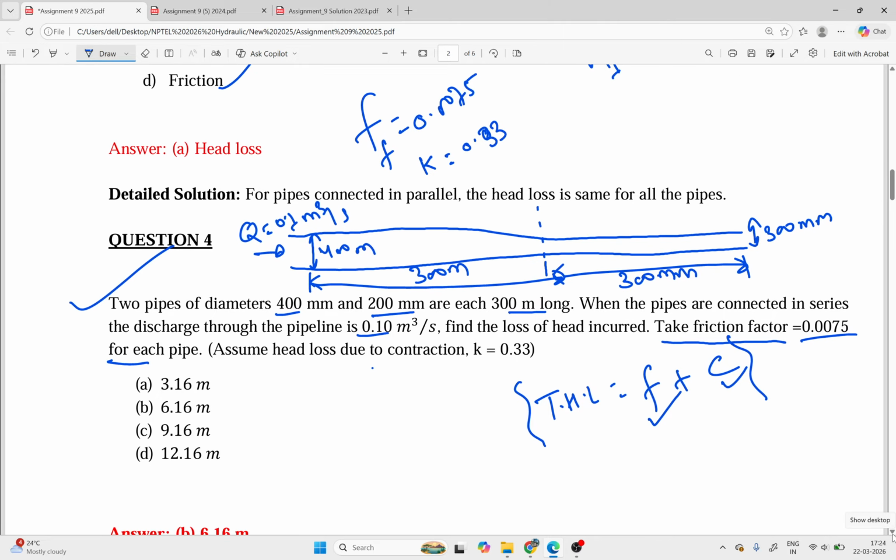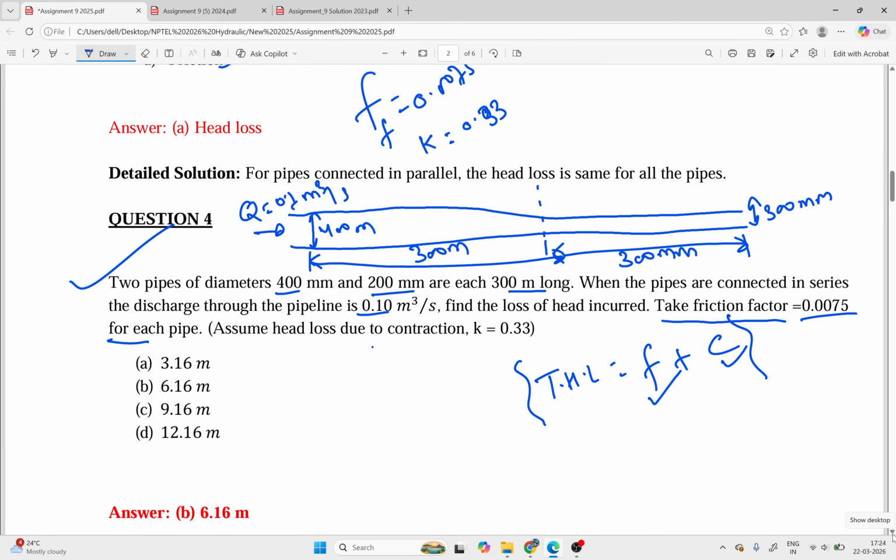So what will be the formula? For head loss due to friction, HL = f L V square by 2gD, where f is the friction factor.